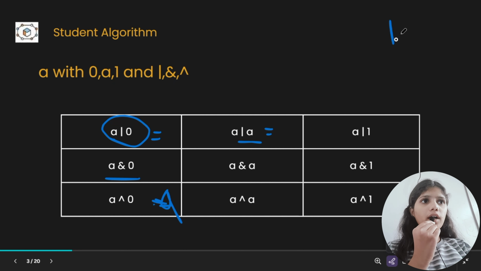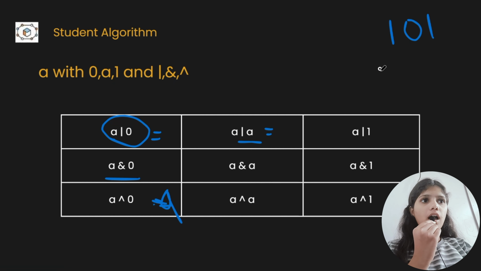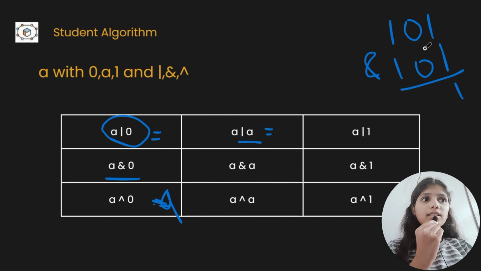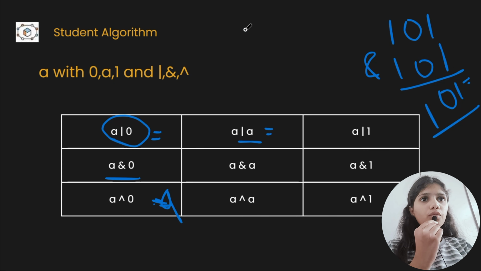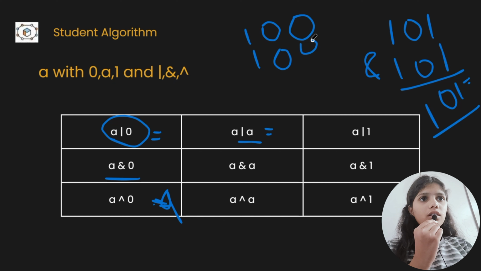We have 101 and 101. 1 and 1 is 1, 0 and 0 is 0, 1 and 1 is 1. So we got A AND A is equal to A. Now let's confirm this with 4. You can take any kind of numbers and test it, and the result will be the same. Okay, fine.